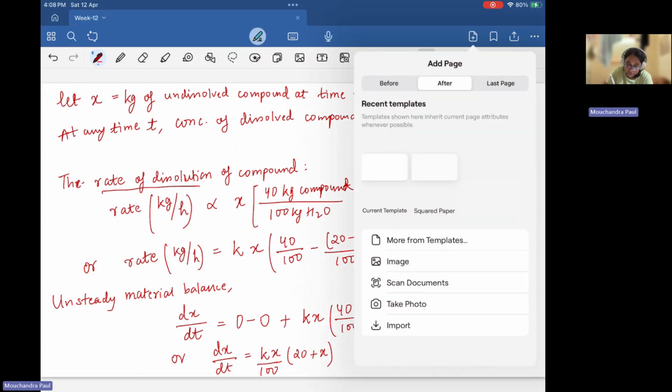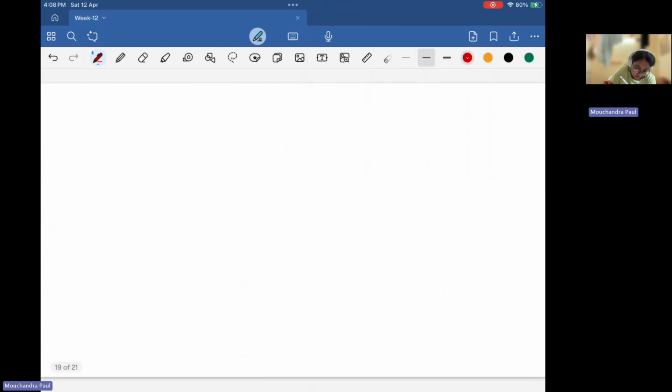You can further simplify it as dx by x into 20 plus x is equal to k by 100 into dt.